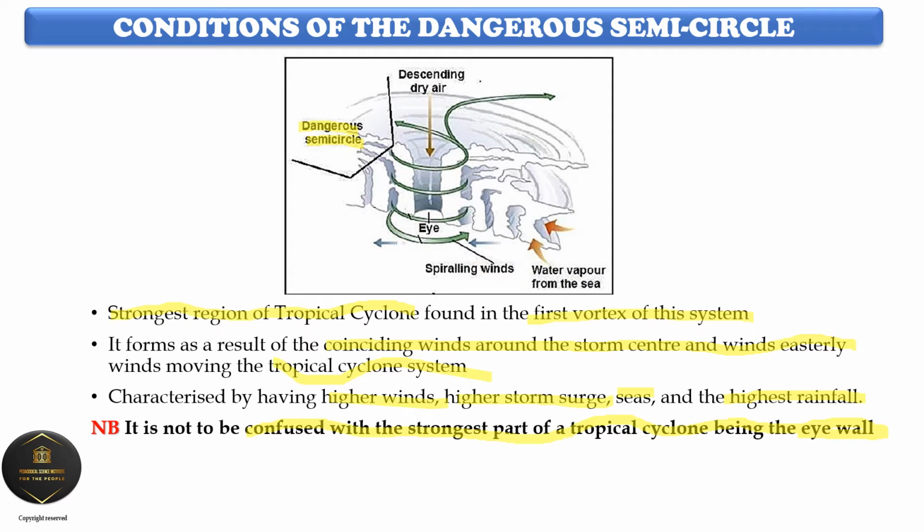The dangerous semicircle forms because of easterly winds coinciding in that fragment of the system as air is rotating around the system. And the eye wall forms due to rapid evaporation and rapid condensation, which leads to cumulonimbus clouds forming. So let's make sure we do not confuse the two parts, please.